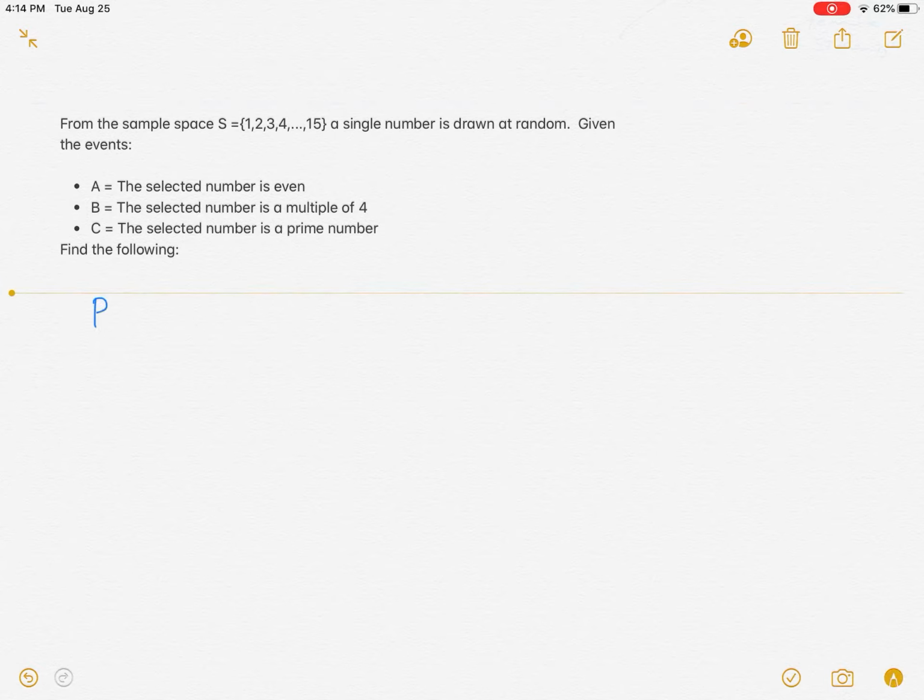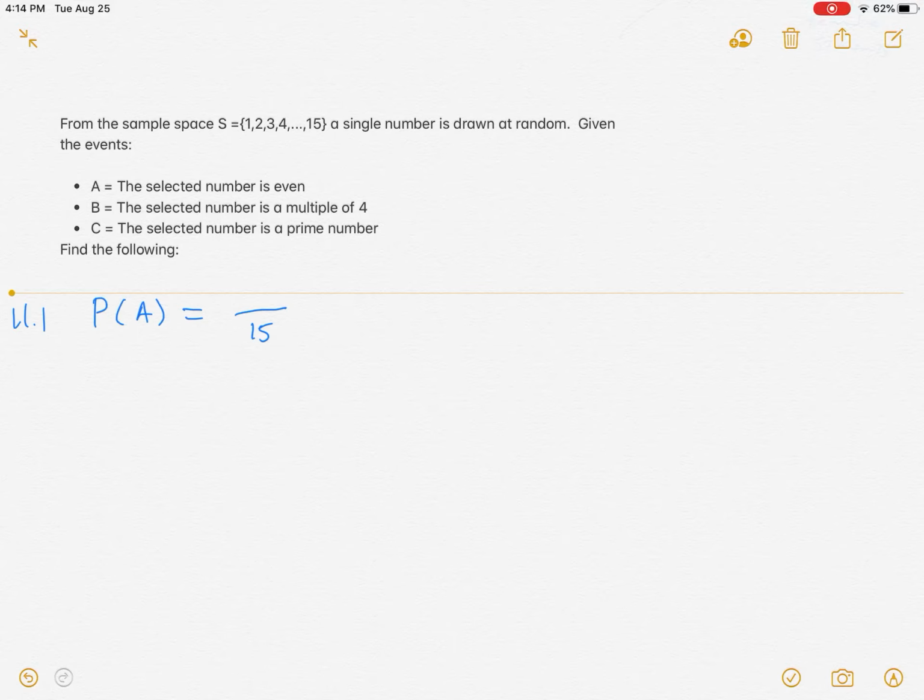Previous to this section, we could do something like this. A: just find the probability of A. That's from 11.1. That's the probability that the selected number is even. So what would we do? We have 15 numbers, and the even ones are, counting them, 2, 4, 6, 8, 10, 12, 14.